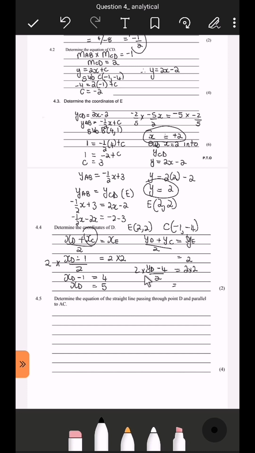Then we'll have y of D minus 4 equals 4. That means y of D will be equal to 8. It is important to remember to leave your answer as a coordinate. So D will be 5 in terms of the x, and the y will be 8.